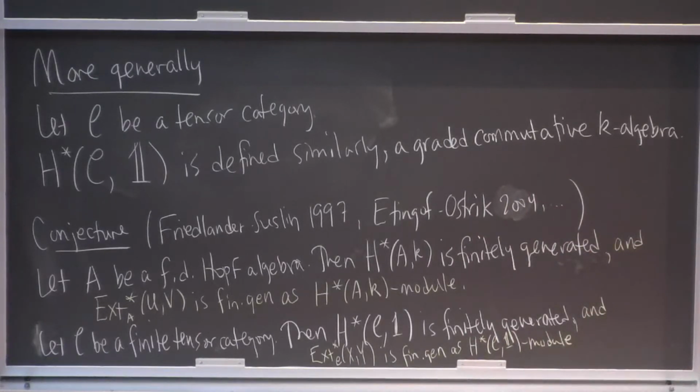And it is known in a number of cases. So I want to talk about where it's known and where it's not known. But maybe first let me mention some applications. So why is this important?